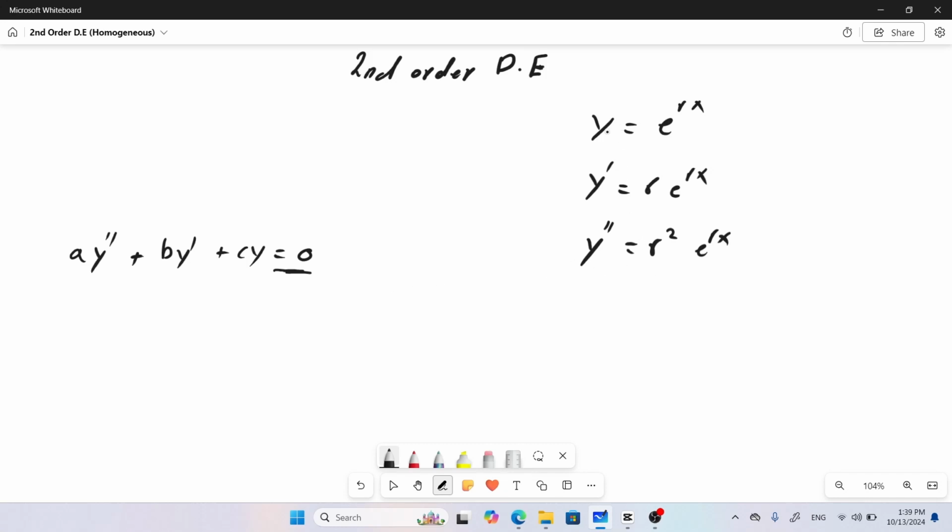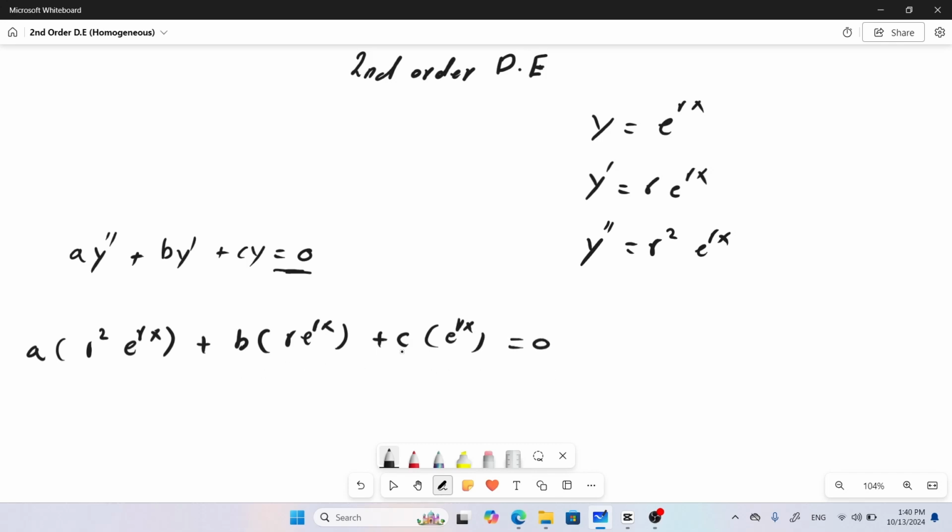Now, if we take all of these terms and substitute them in our equation, we have a multiplied by r squared exponential rx plus b multiplied by r exponential rx plus c exponential rx is equal to 0.